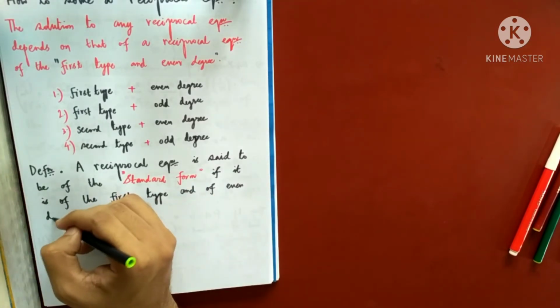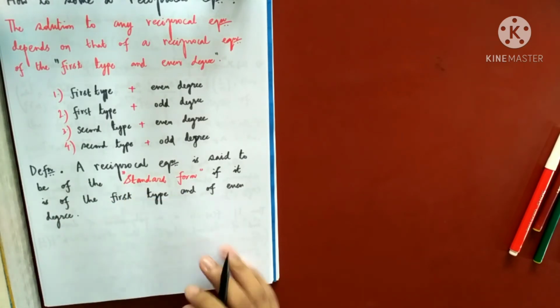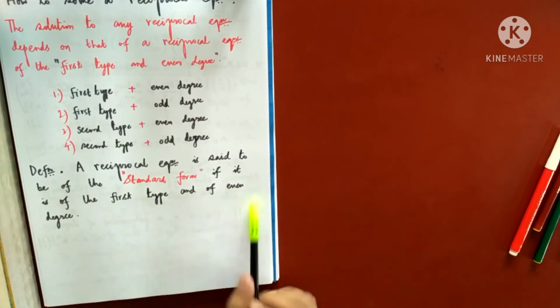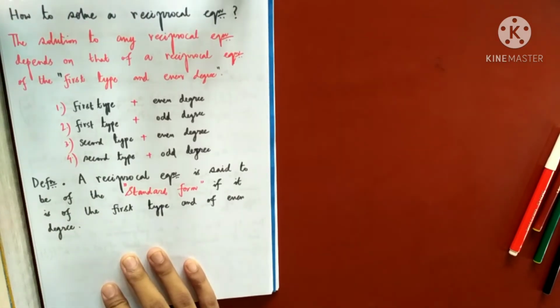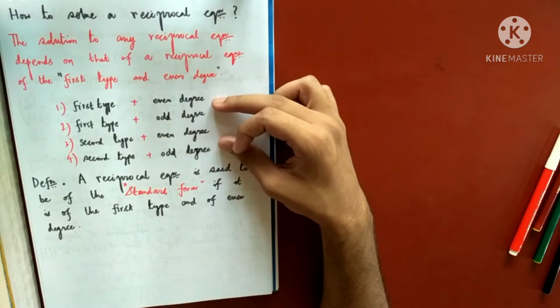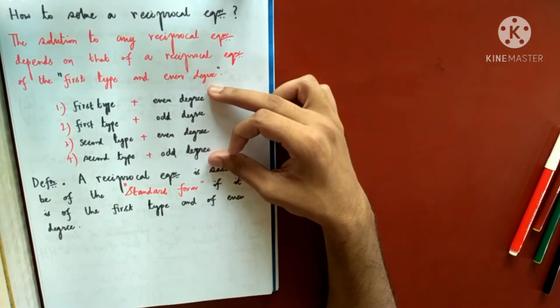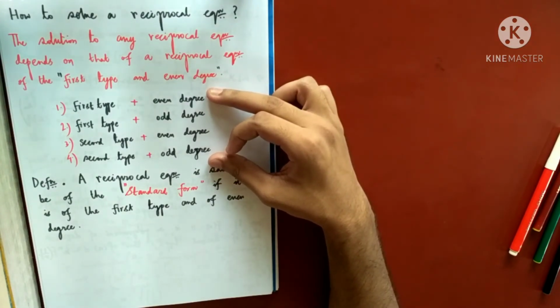So why are we calling this a standard form? Because any reciprocal equation after a few steps can always be reduced to first type and that of even degree. So I will call this a standard form. That means the first task to solve any reciprocal equation is to convert that into a standard form.